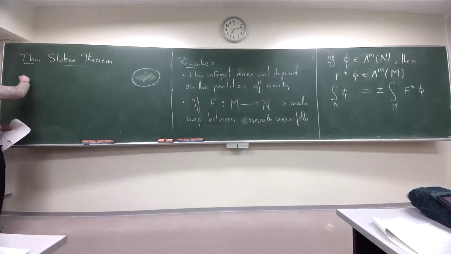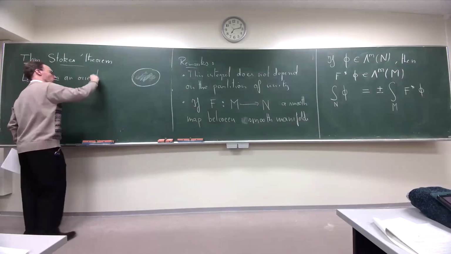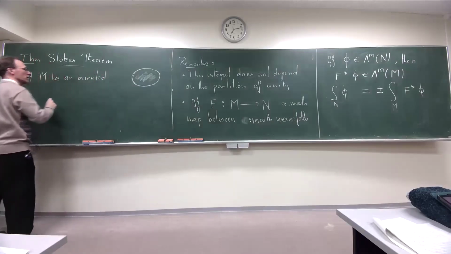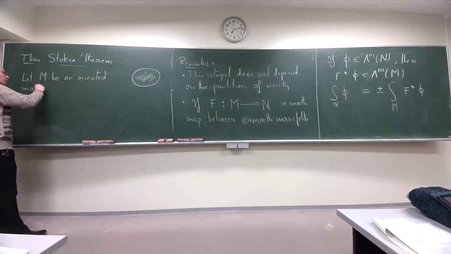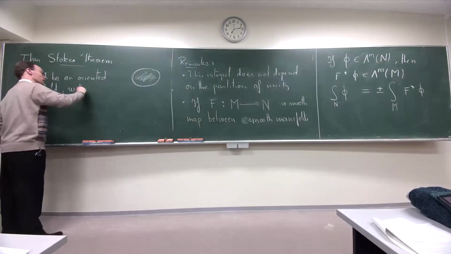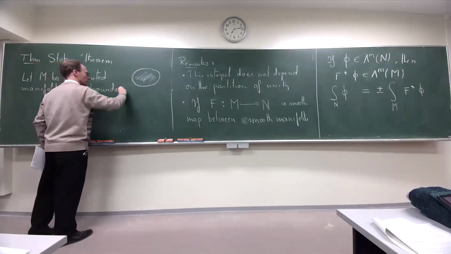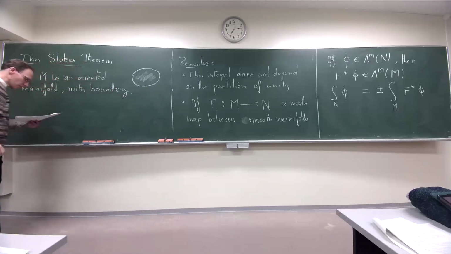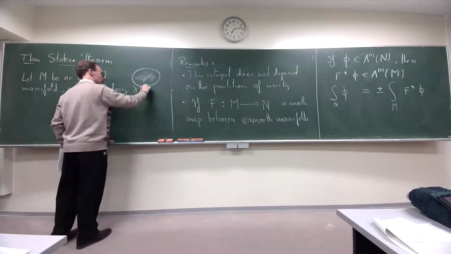So let me be precise. Let M be an oriented manifold. So I need an oriented manifold with boundary, because if there is no boundary, one term is going to be 0. And the boundary is denoted by this.